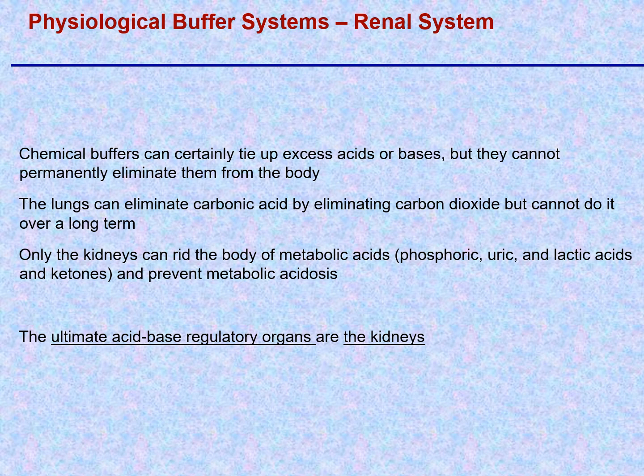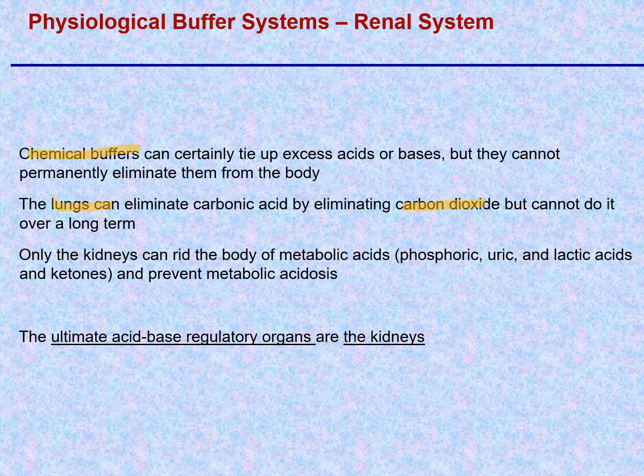The lungs, the respiratory buffering system, can eliminate carbonic acid by blowing off CO2, but again, it cannot be maintained over a long term. Only the kidneys can actually get rid of acids.